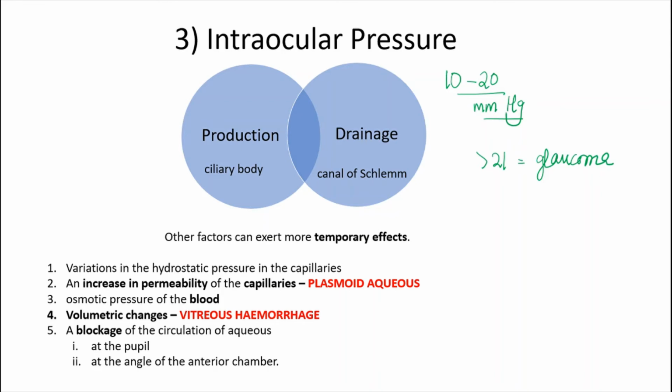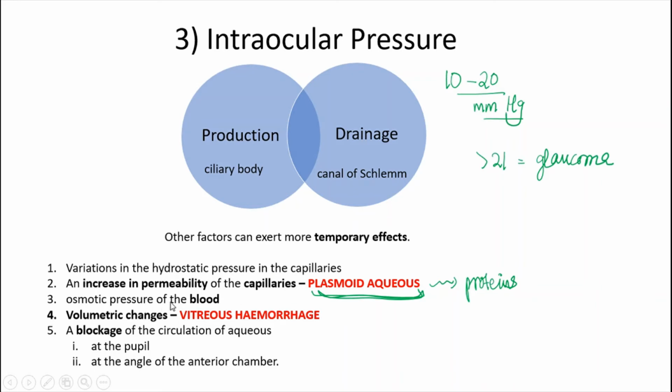Now, if the permeability of the capillaries increases, then large molecules will easily enter the eyeball, right? So the aqueous humor thus formed is known as plasmoid aqueous. This has proteins, fine? Large molecules due to increased capillary permeability. This aqueous is known as plasmoid aqueous.